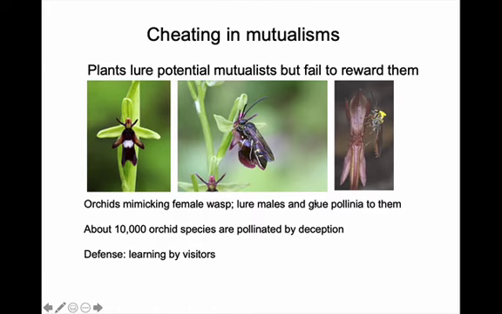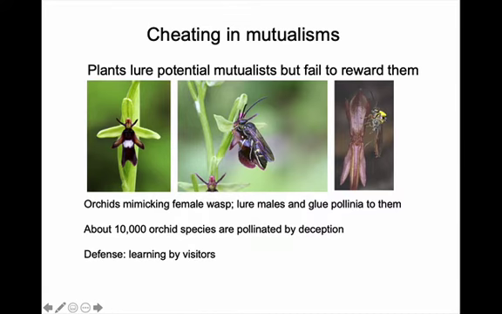So how do they find those females? The females put out an odor cue. Well, guess what the orchid does? It has something that looks approximately like a female wasp, and it uses the same odor cue that the female wasp does.